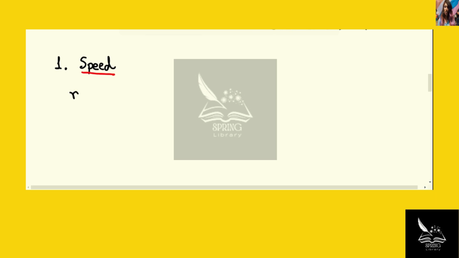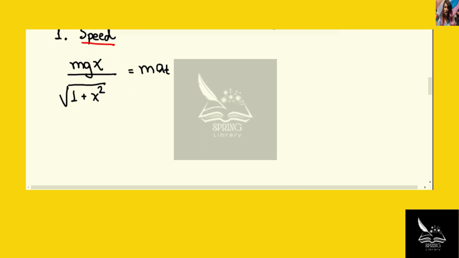So we have mgx divided by the square root of 1 plus x squared. This is equal to m a_t. So I'm just going to cancel the m's, and we have that a_t is equal to gx divided by the square root of 1 plus x squared.